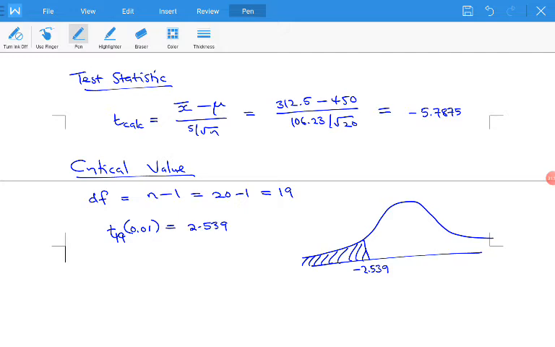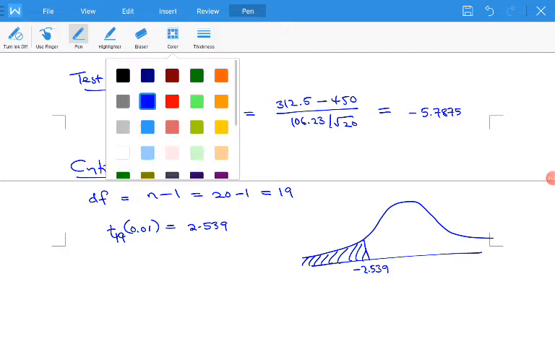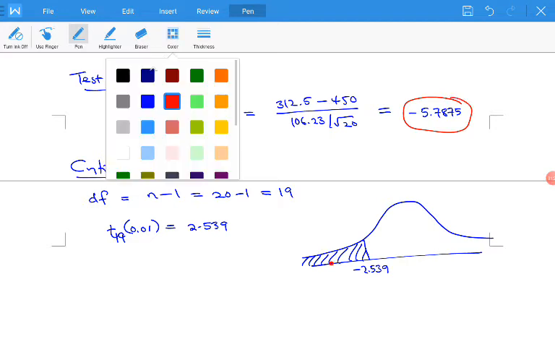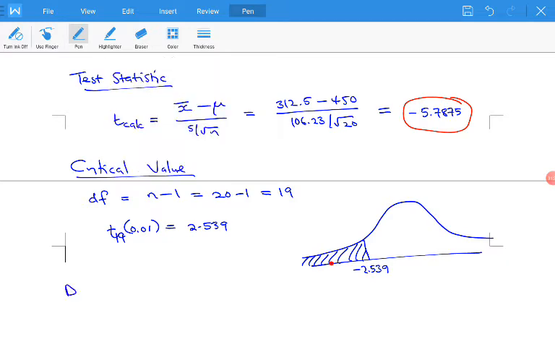So here we will notice that our test statistic, this one, is falling somewhere around here. So our decision rule is we reject H naught, the null hypothesis, if T calc is less than negative 2.539.